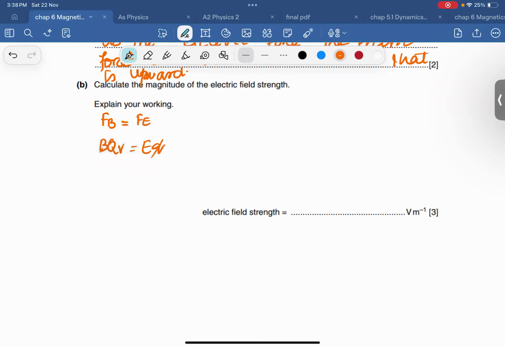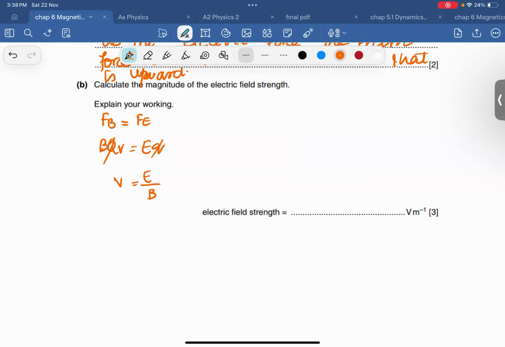So Q and Q get cancelled. E over B is equal to V.